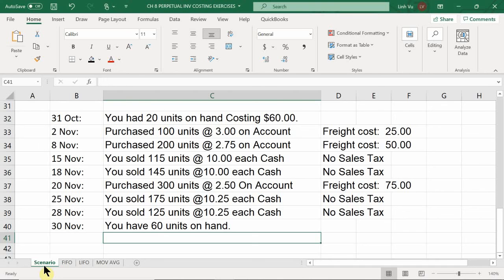Okay. Then on November 25th, we end up selling 175 units.